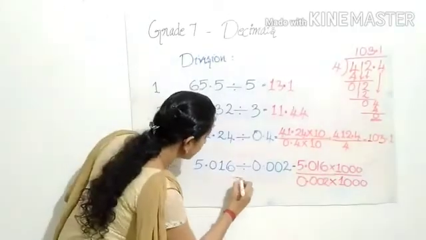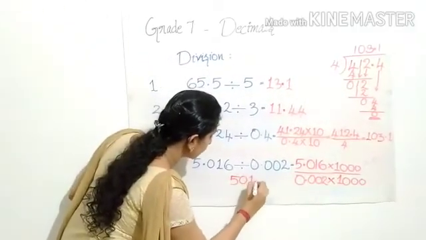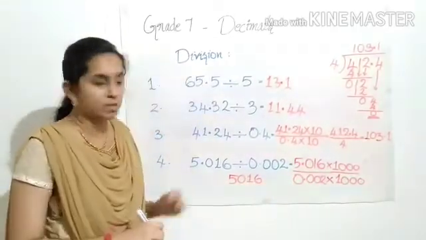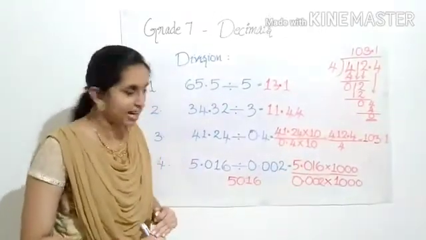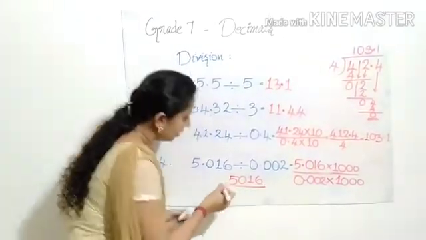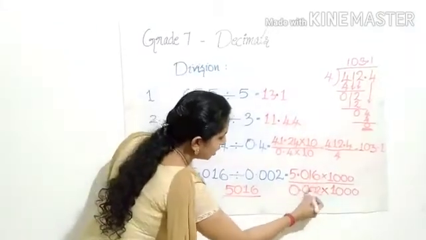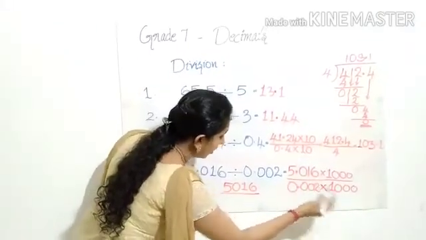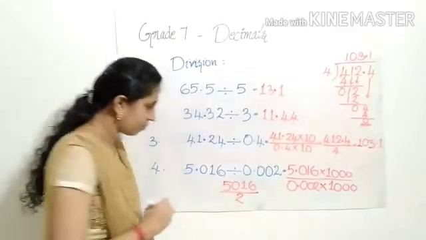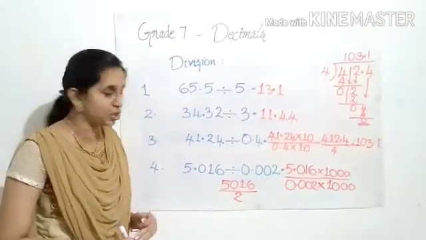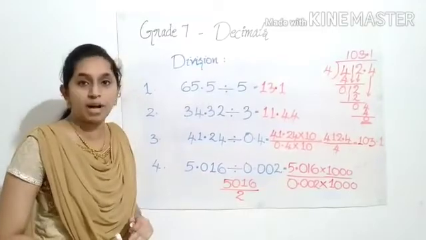So the answer becomes 5016. No need of a decimal point because it has reached the end, right? So the denominator 0.002 into 1000. 3 places towards the right means 1, 2, 3. It reaches here. So it becomes 2. So our question now changes to 5016 divided by 2.